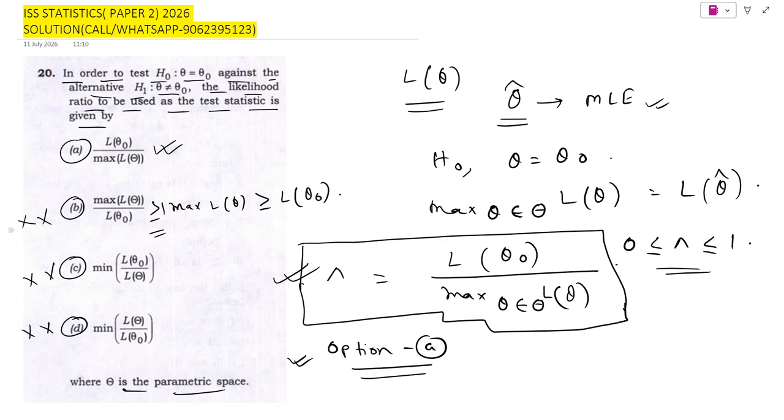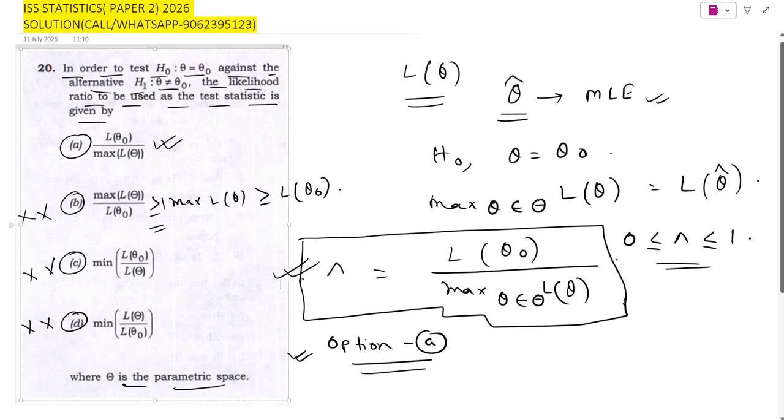Now, this question is testing whether you remember the definition of the likelihood ratio, not your computational ability. A common mistake is choosing option B, thinking that the maximum likelihood should be on top. But remember, in the LRT, we compare the likelihood under the null with the best achievable likelihood. So the ratio is always at most 1.